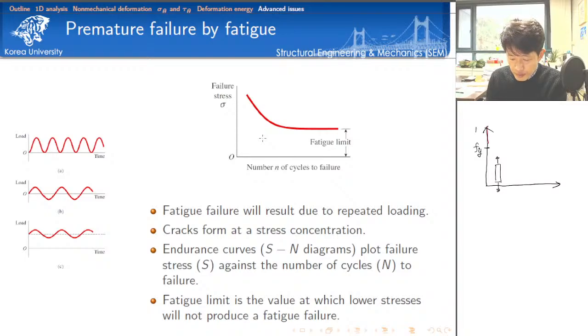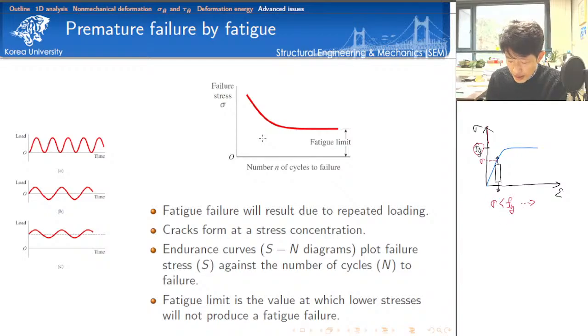For example, my stress-strain behavior would look like this if you consider structural steel. My current stress value is less than the yield strength value.